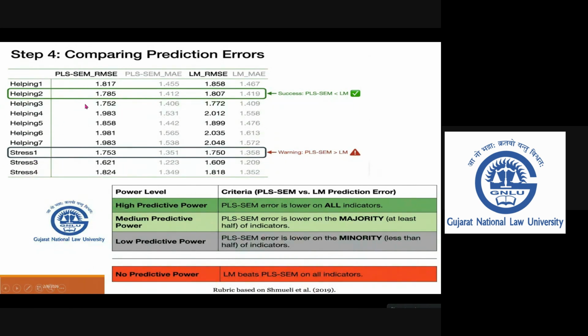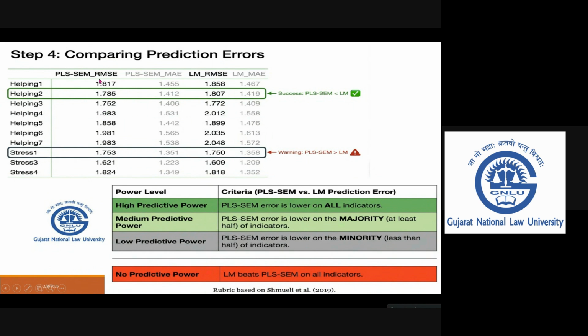Out of 10 indicators, for example, if PLS-SEM error is lower on all indicators, if I compare PLS-SEM RMSE with LM RMSE and my PLS-SEM values are less than the LM RMSE, it means our error is very low.